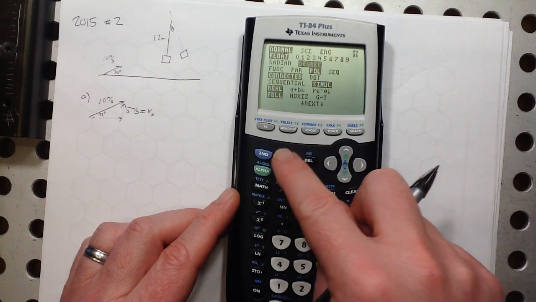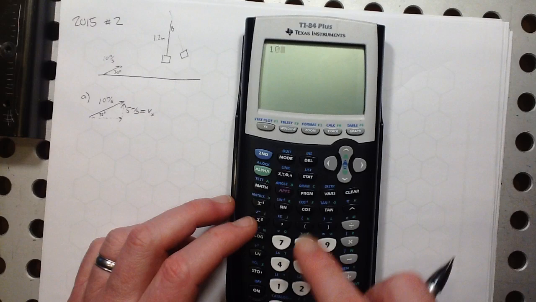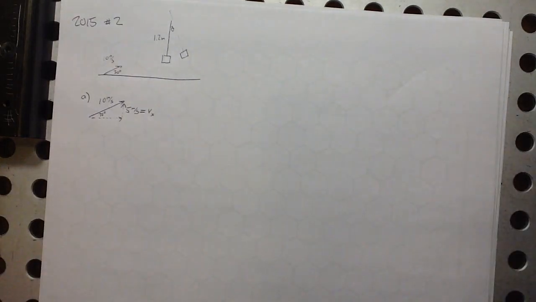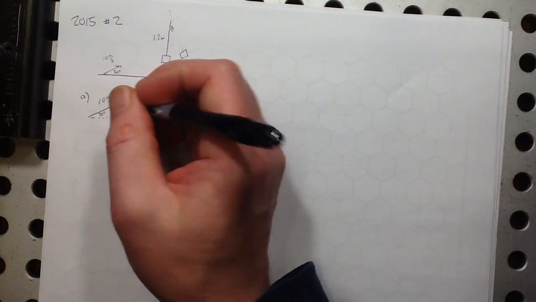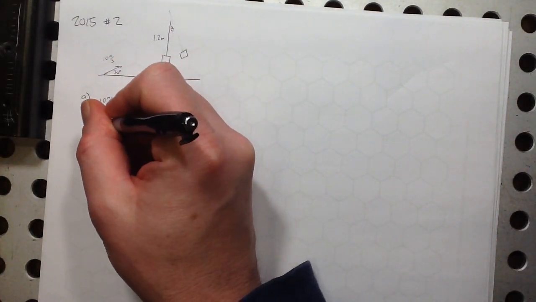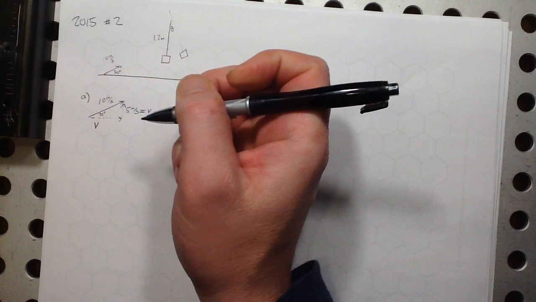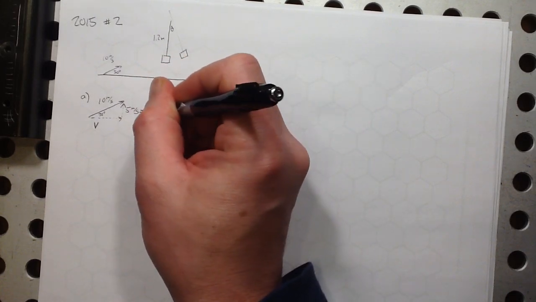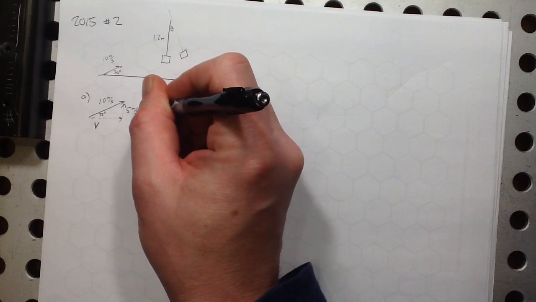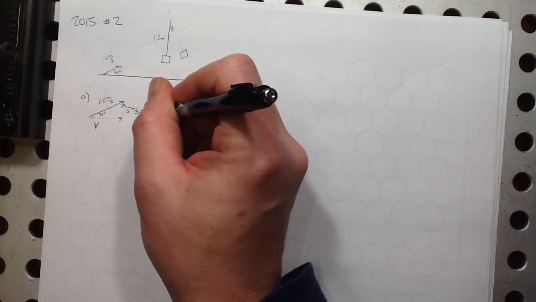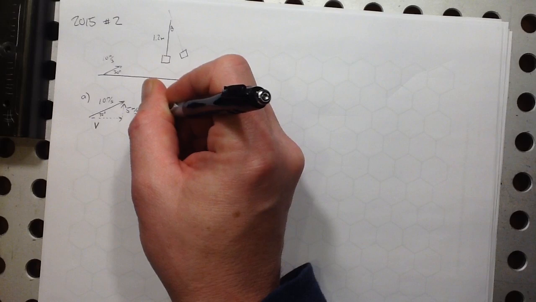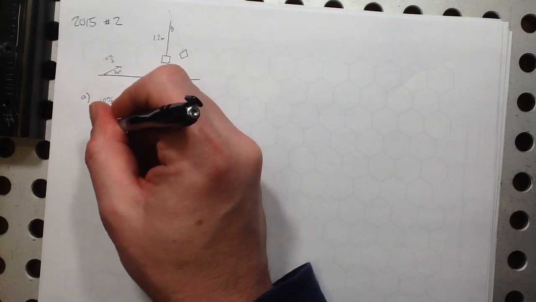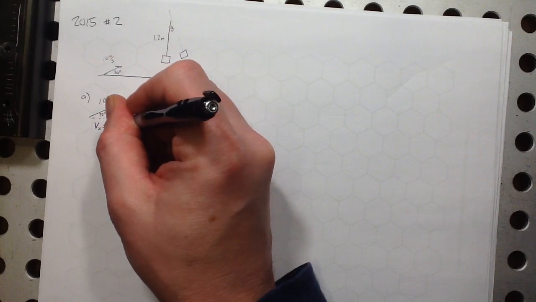So I need to do 10 times the cosine of 30, which is 8.7, 8.66 if you like. I'm just going to keep 2 sig figs there. Oh, did I mess these up? Sorry, that's not constant. While I was looking for my calculator, you're probably wondering if I'd lost my mind there. That's the initial vertical velocity, and the constant horizontal velocity is the 8.7.